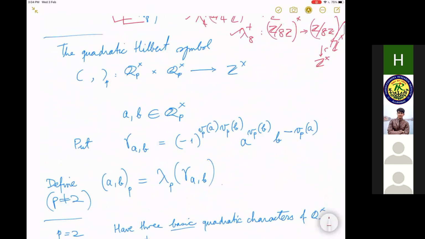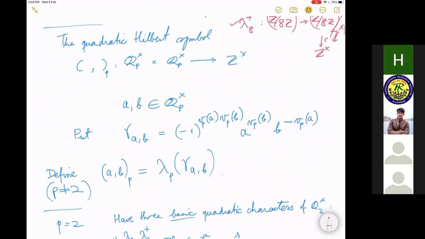Okay, so here is the basic definition for today's talk. It's called the quadratic Hilbert symbol. Now, the approach I have chosen today is to do everything explicitly.